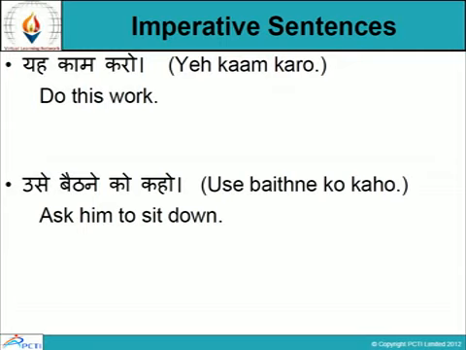You have to do this job. उसे बैठने को कहो. Ask him to sit down. उसे बैठने को कहो. So ask him that he should sit down. Again, it's an order.